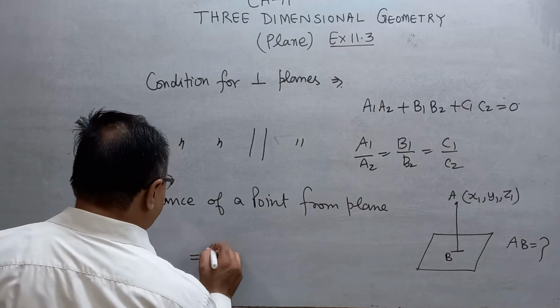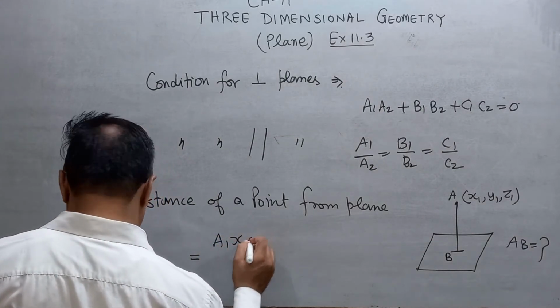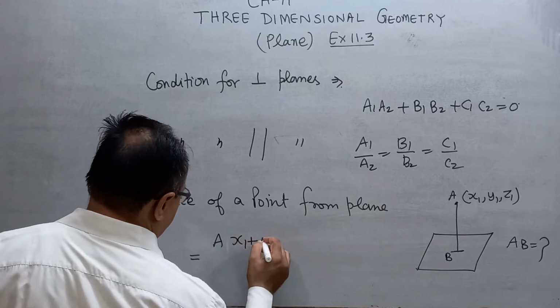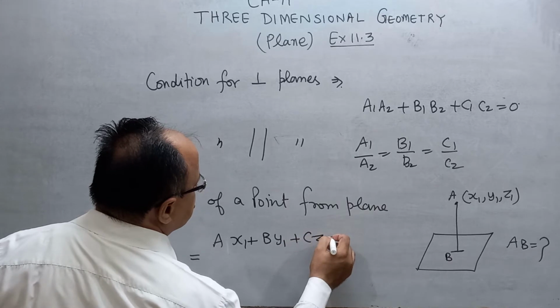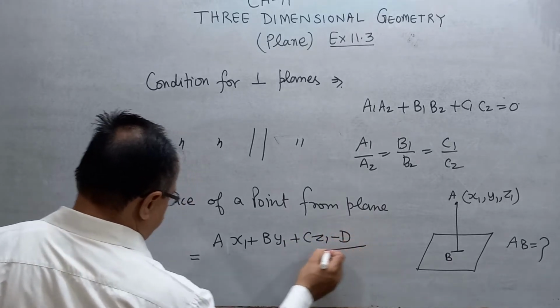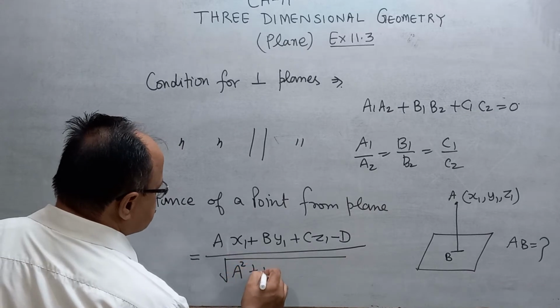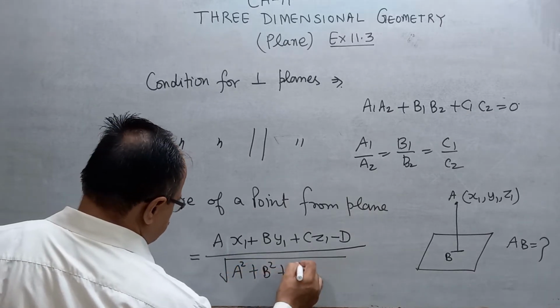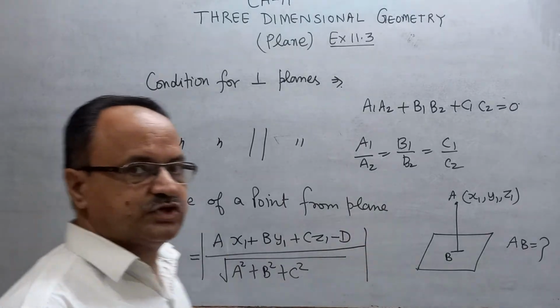This is the formula, very important formula: Ax1 plus By1 plus Cz1 minus D divided by square root of A square plus B square plus C square. This is a very important formula.